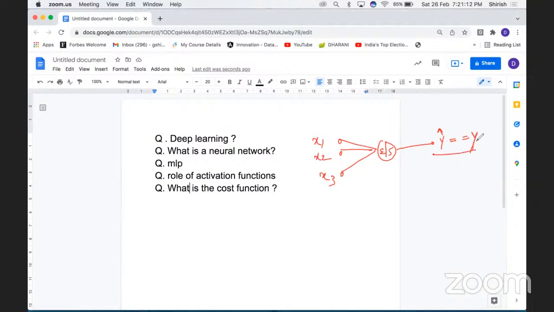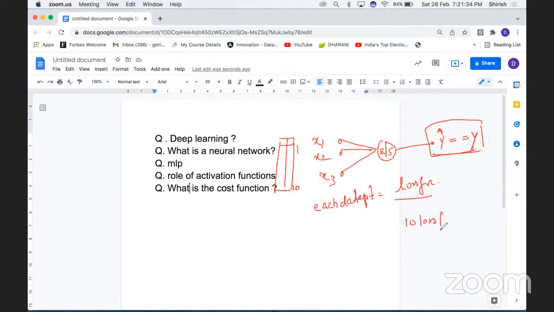If you calculate this error for each data point, you call it the loss function. So if you have 10 data points in my data set, you will get 10 loss functions. The average of these 10 loss functions is equal to the cost function.